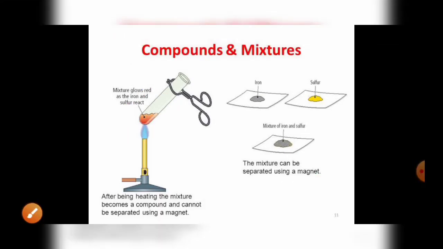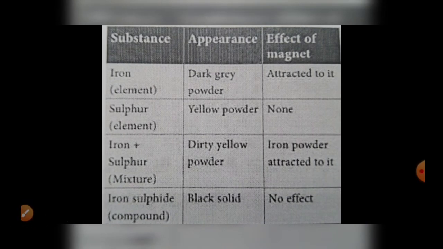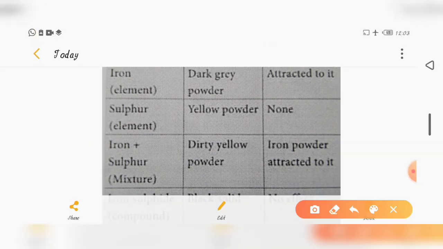Okay, next we go to iron and sulfur. The appearance of iron, sulfur, iron sulfide and iron plus sulfur, and the effect of a magnet also. See here, the color of the iron is dark gray powder. It can be attracted by the magnet. Sulfur, you see, is a yellow powder. It is not attracted by the magnet.